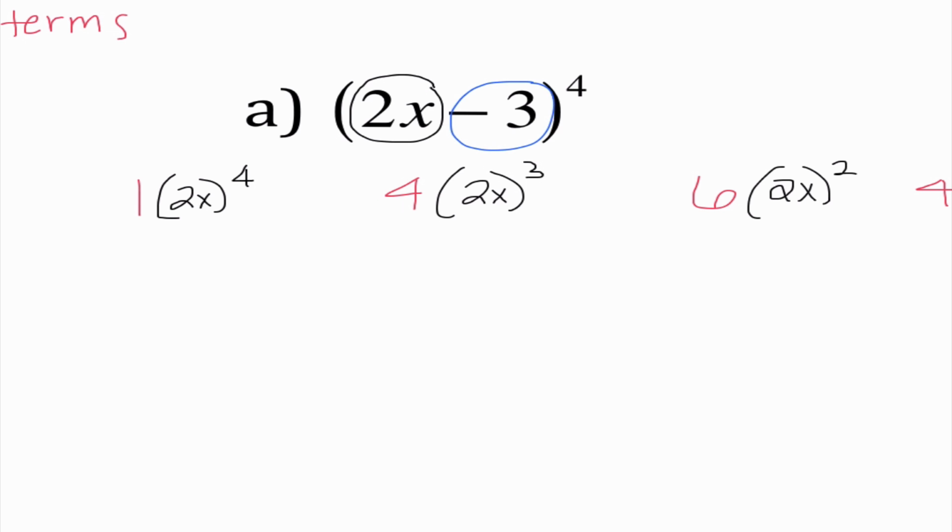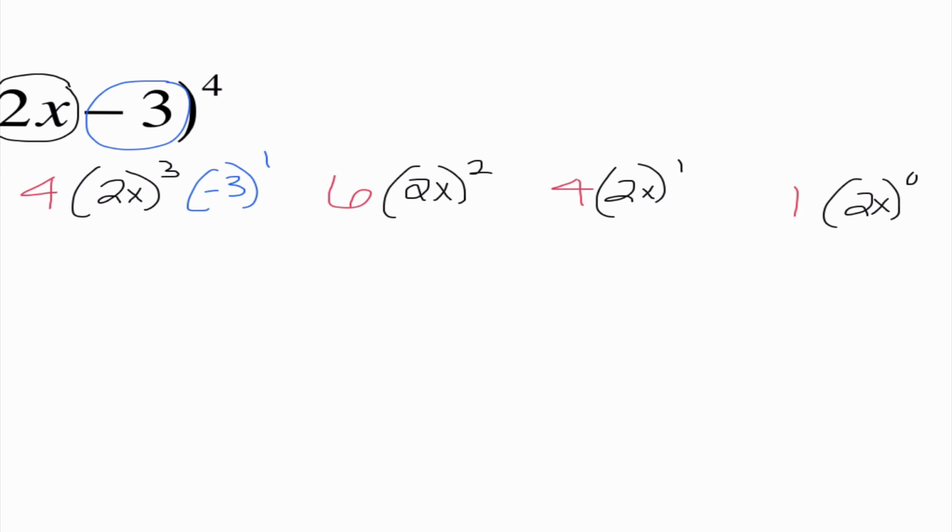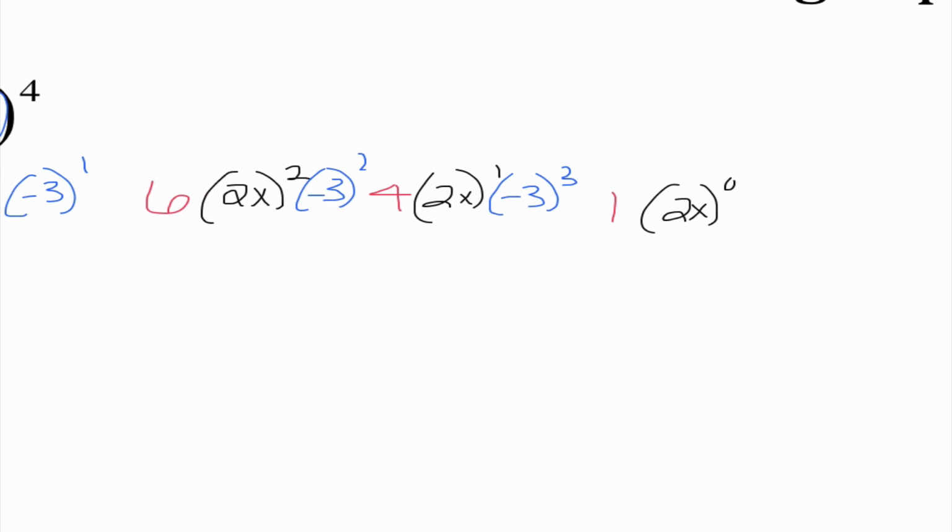My second term is -3, so I have -3 to the 0, -3 to the 1st, -3 squared, -3 cubed, and -3 to the 4th.